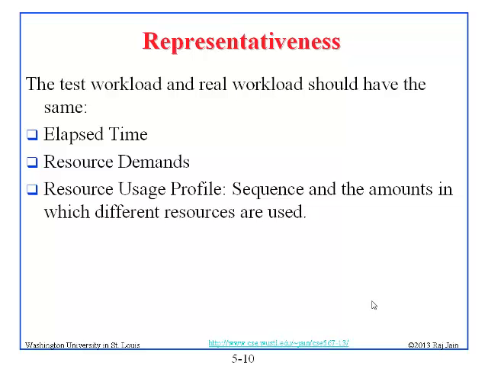A resource usage profile is even more detailed than that. It's not that we just want 1 second of CPU and 2 seconds of disk. We want 50 milliseconds of disk, then go to 50 milliseconds of the CPU, then go to the disk. Then we come back and use another 75 milliseconds of the CPU, then go to the disk and do this. So when you need the whole profile, that is the last one.